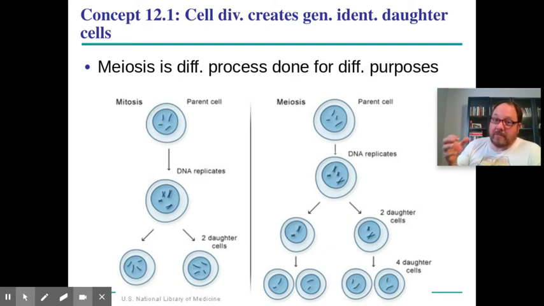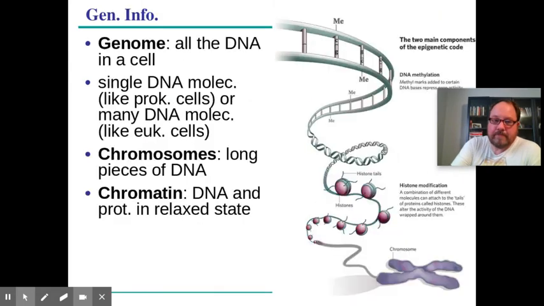So you're making new copies of cells, replacing stuff or adding to. In meiosis, you create four haploid unique daughter cells. The purpose of meiosis is to make the gametes, egg and sperm. So meiosis is a niche process. Now, some of the steps bear similarity, they have similar mechanisms occurring, but they are distinct processes done for different purposes. So know the differences between mitosis and meiosis, because sometimes that stuff creeps up.